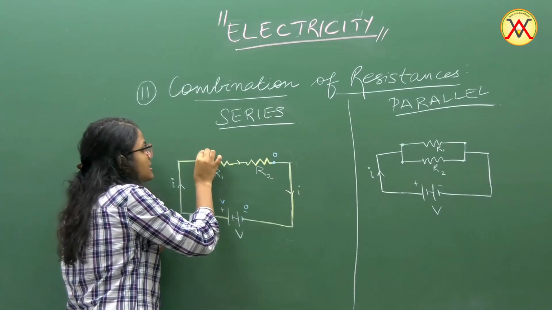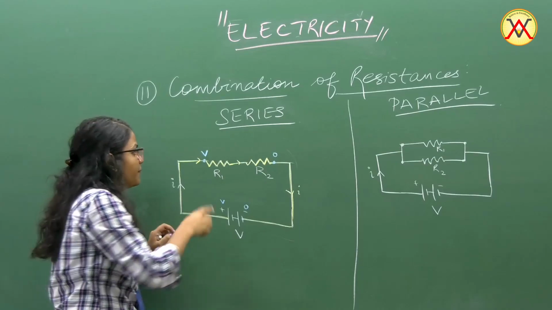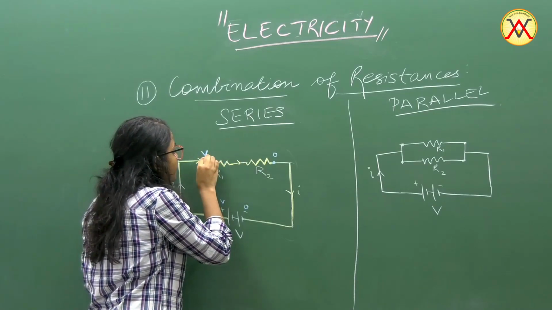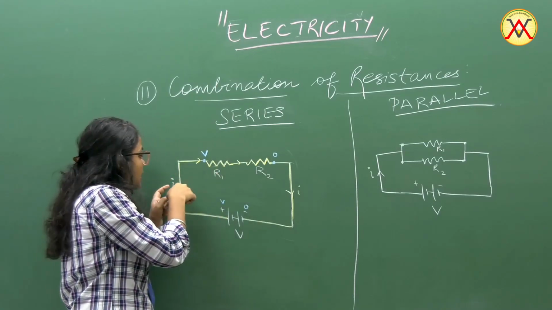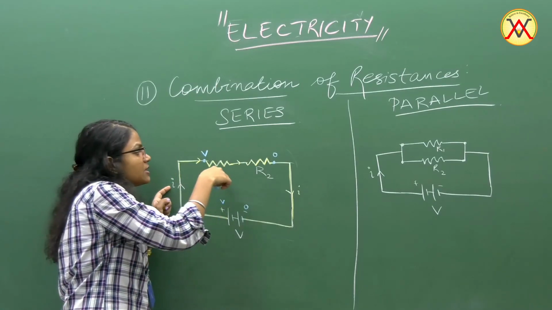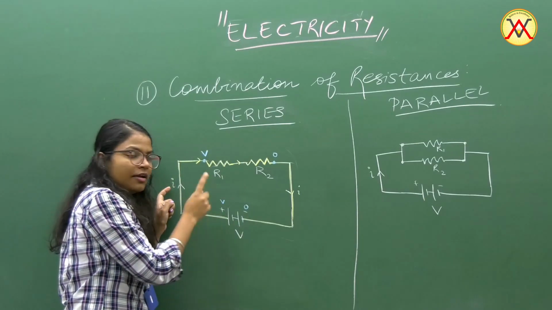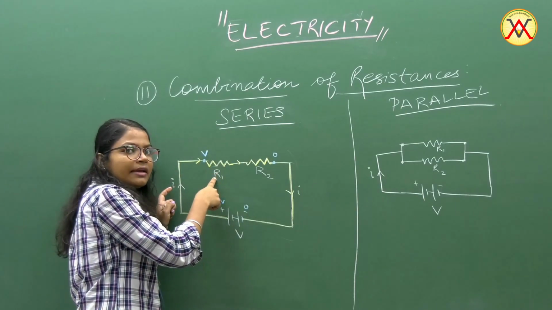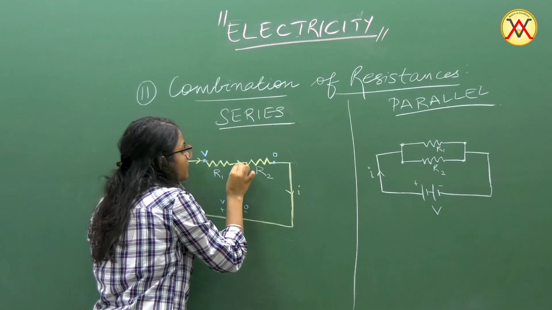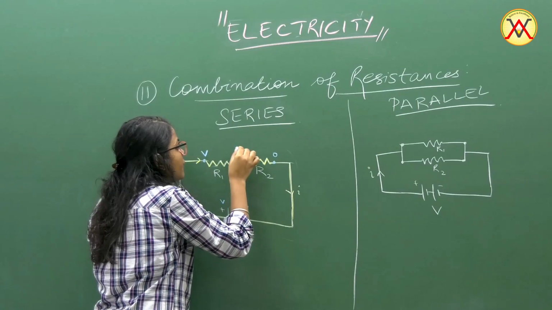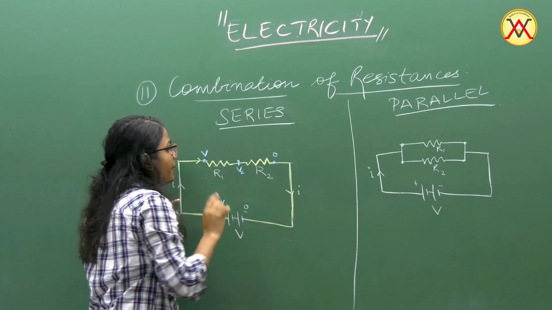If nothing uses this energy, then this part will again be at V potential. Now, from V potential, this resistor is using up this current. That means this resistor is using up some energy from the battery. If it is using some electrical energy, there must be some potential drop. Let's say at this point our potential drop is Vc.